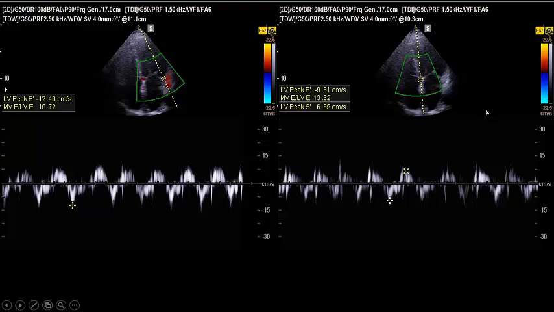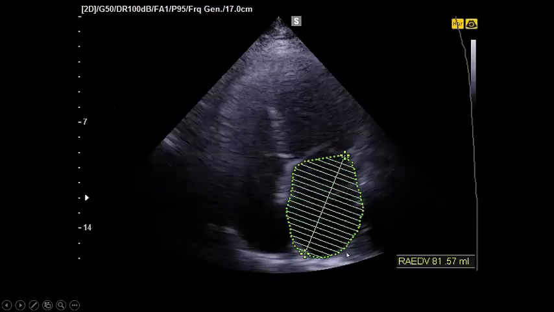But if you consider there is organized atrial contraction here and look for other parameters of diastolic function, you will see here E over E prime at the lateral wall is less than 13, and E over E prime at the septal is less than 15, and left atrial volume is high because of AF.